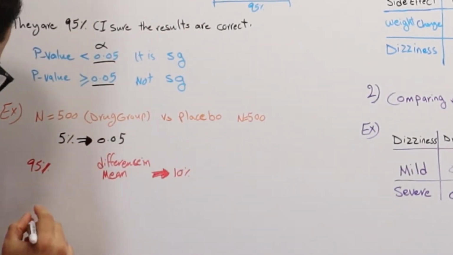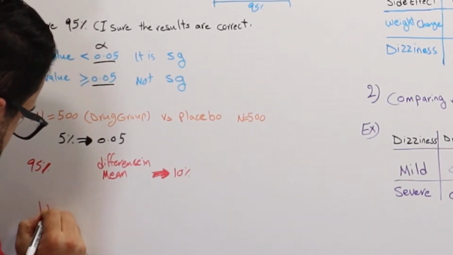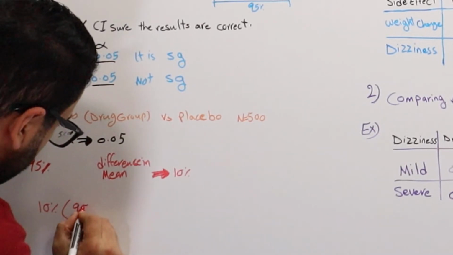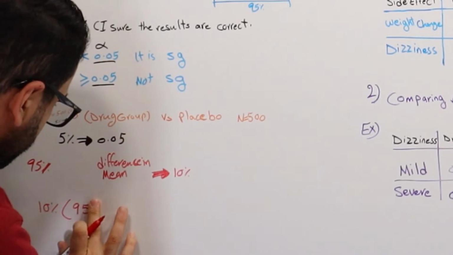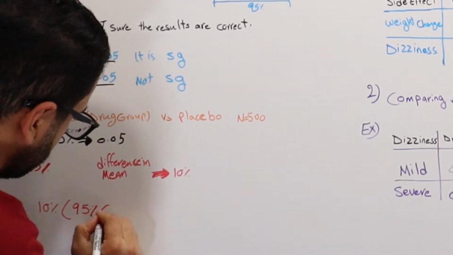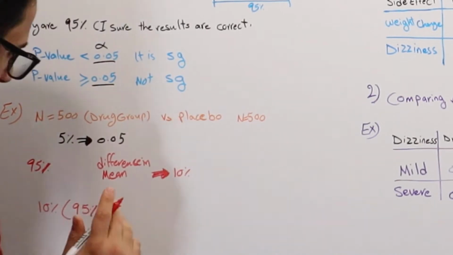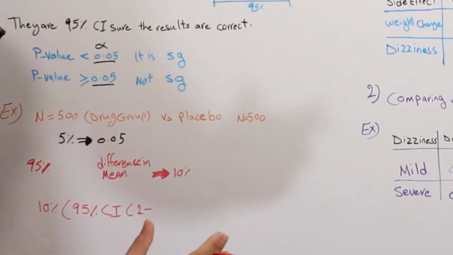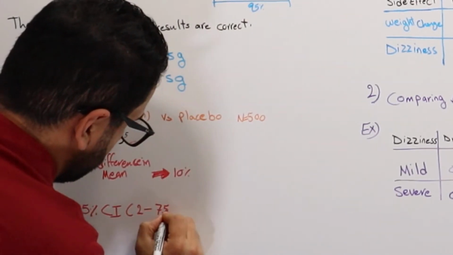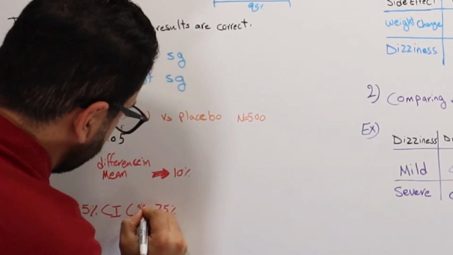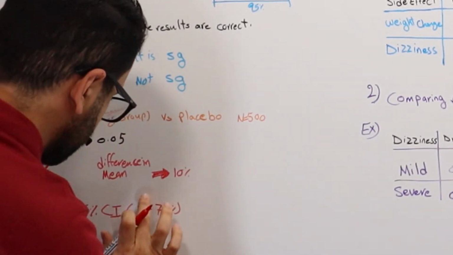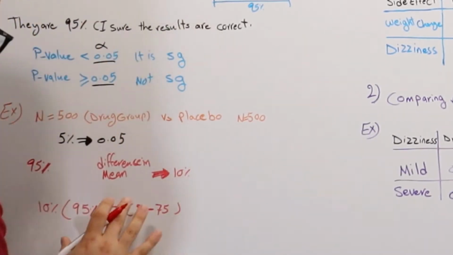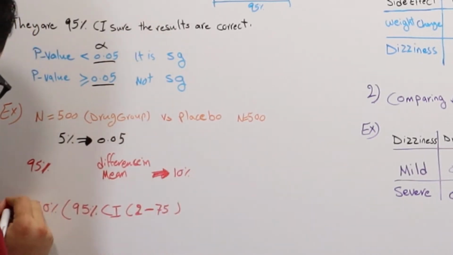So what we can say is that 10%, with a 95% confidence interval, has a range of, let's say, 2 to 75. So we have this range, first of all. This is the first range.